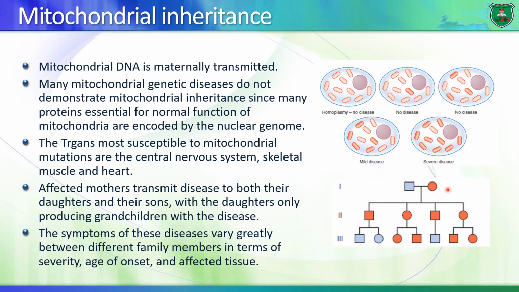Now look at the pedigree and notice the inheritance pattern. It goes from females to sons and daughters, and only daughters would transmit the disease to their offspring. And we already talked about the three-parent baby in the molecular biology part of this course as a solution to this disease.